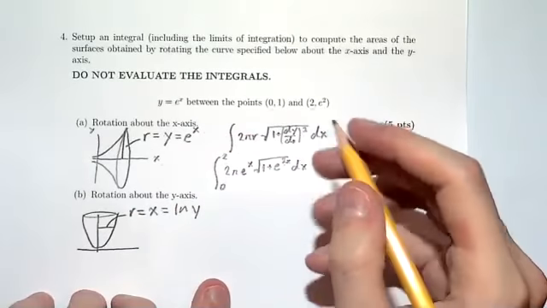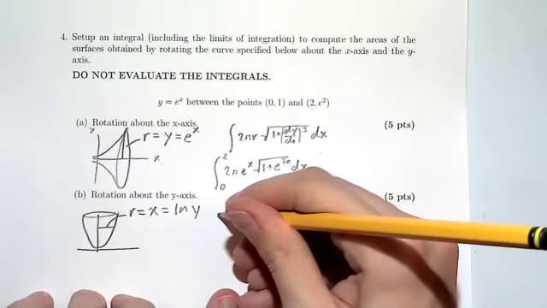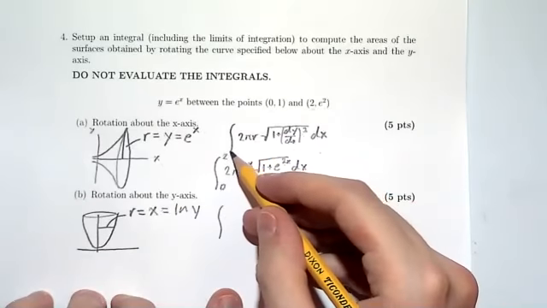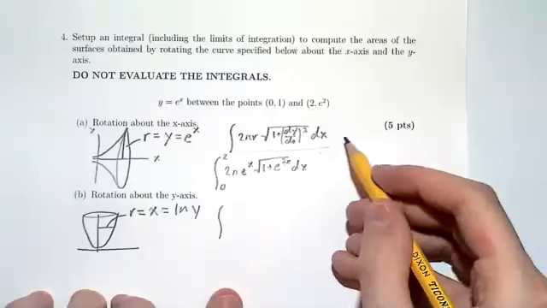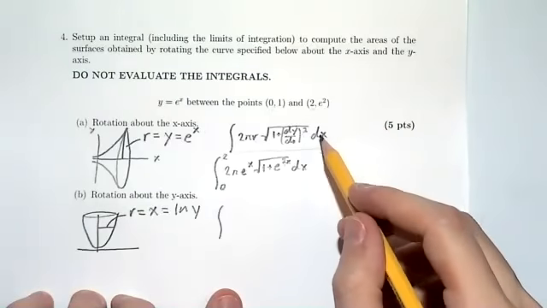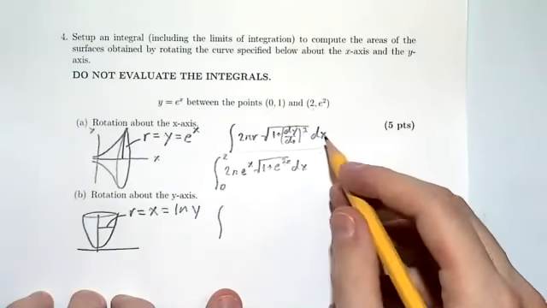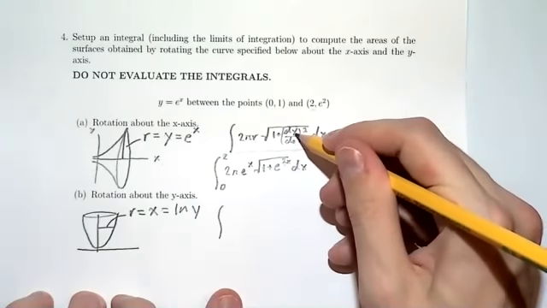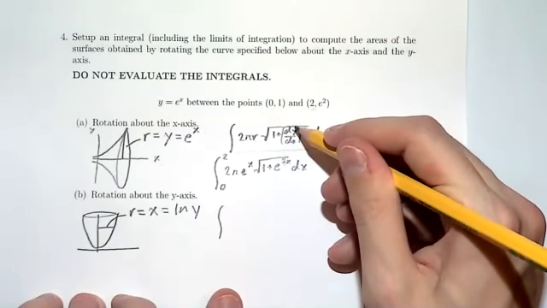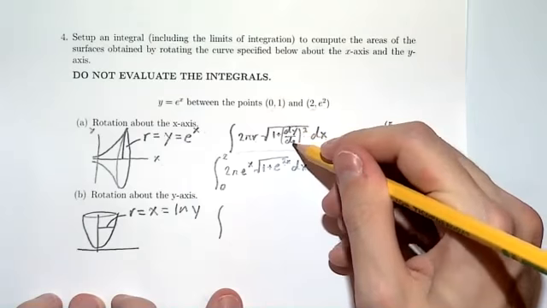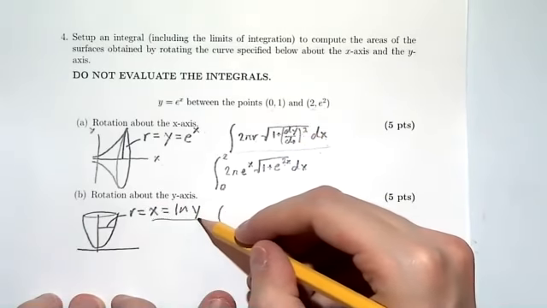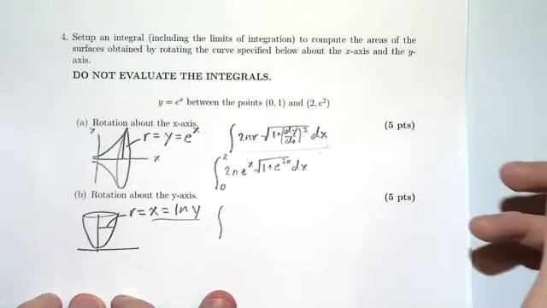Now when we set up the integral, we still use this form. If you want to change the dx on the outside to dy, you also have to flip this. So you take the derivative of x with respect to y instead.